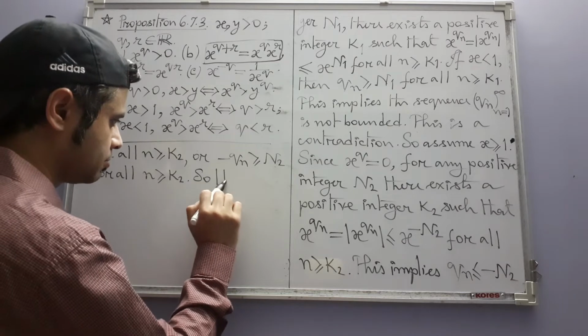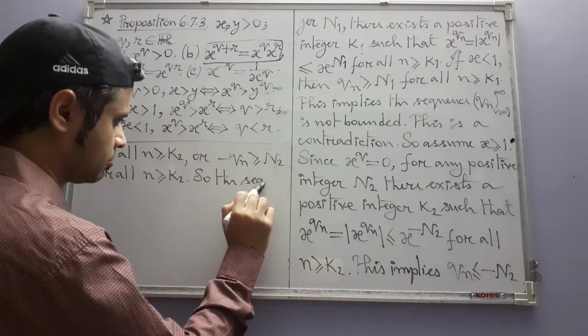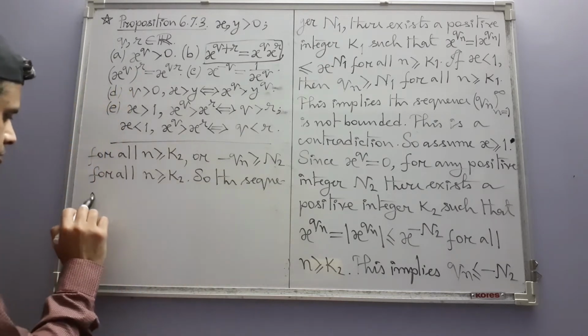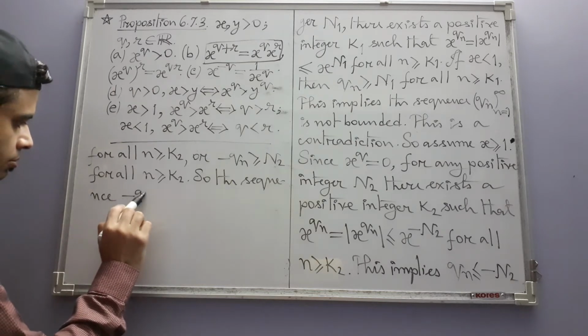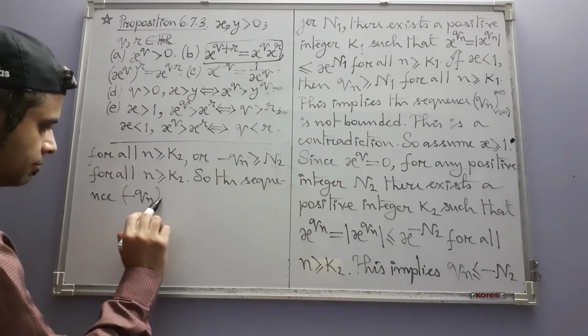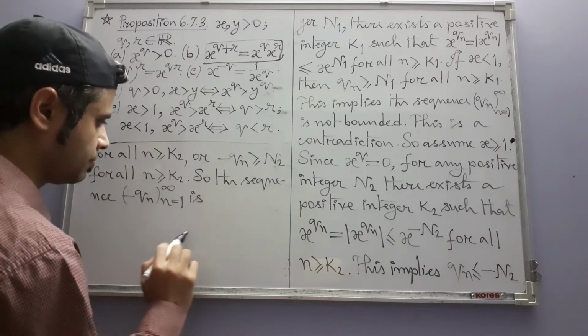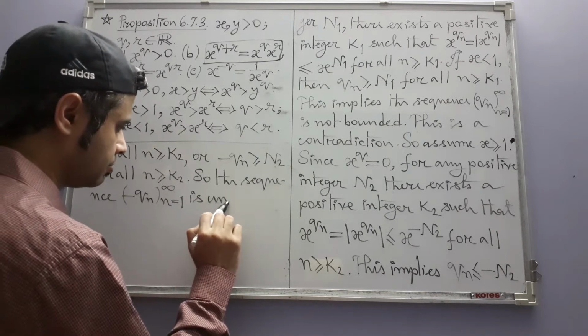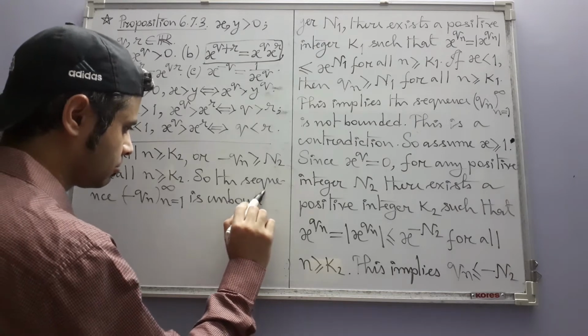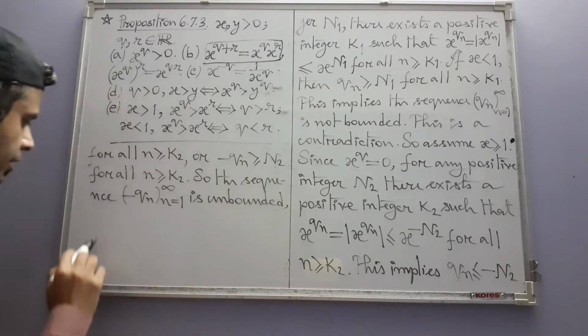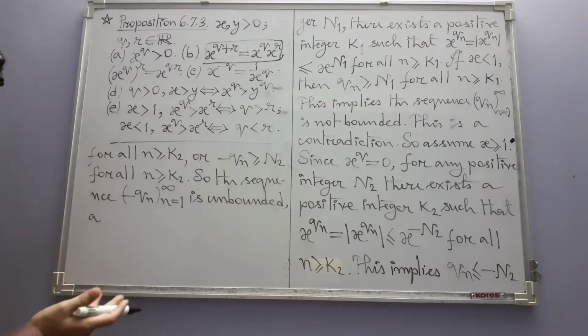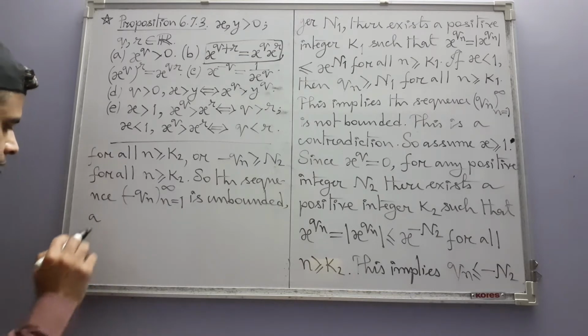So the sequence minus Qn is unbounded, a contradiction like before. Why it is a contradiction, that we have already seen.